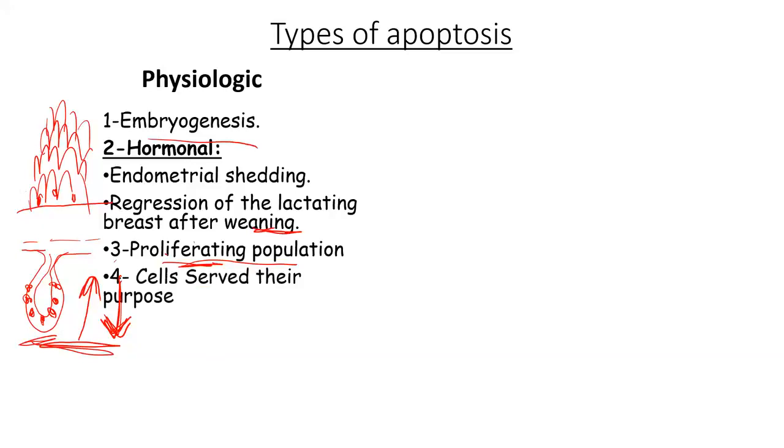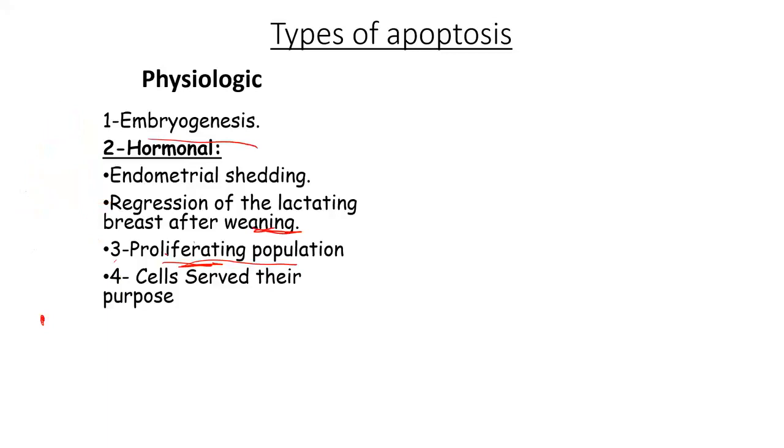Cells that serve their purpose, cells that performed their function and are finished. We have cells that perform a function, and then after the function stops, we say thank you and we don't need you anymore. For example, neutrophils. Neutrophils come from the bone marrow in large amounts if I have some sort of infection by a microbe somewhere.